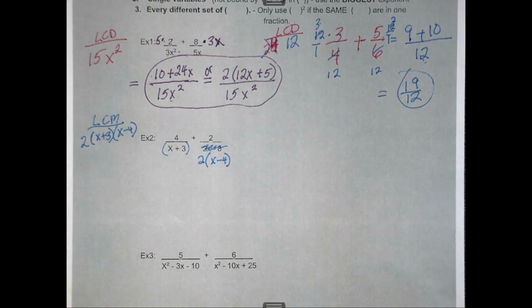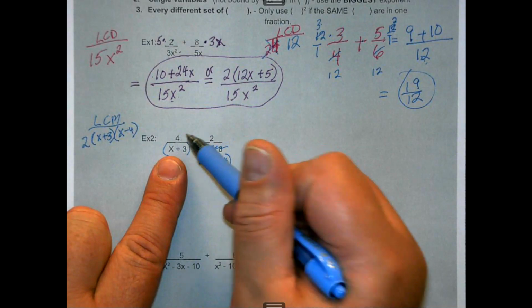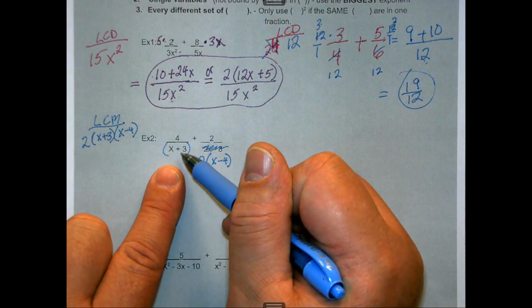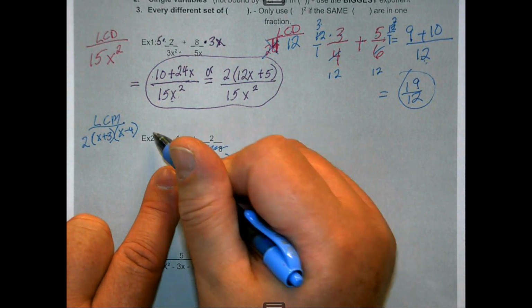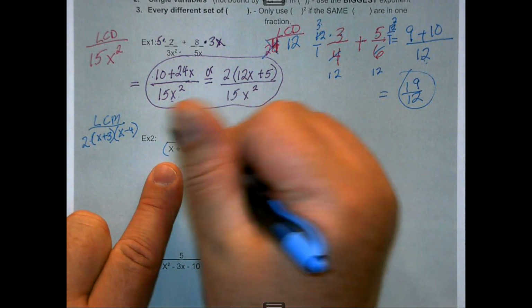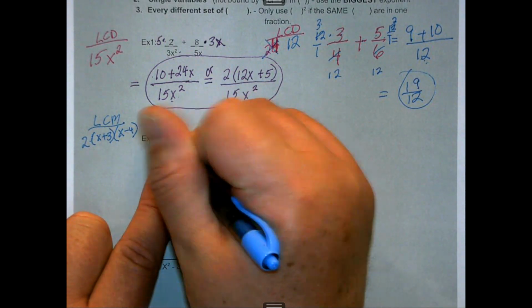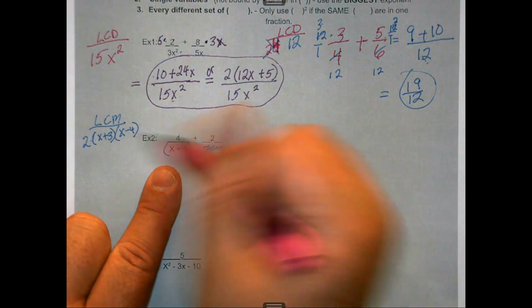Okay, so this numerator is going to have to be multiplied by everything I don't have in the denominator. So I'm going to need to multiply that 4 by 2 times x minus 4, right? The x plus 3's cancel here.